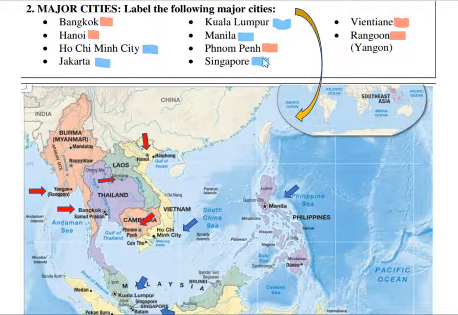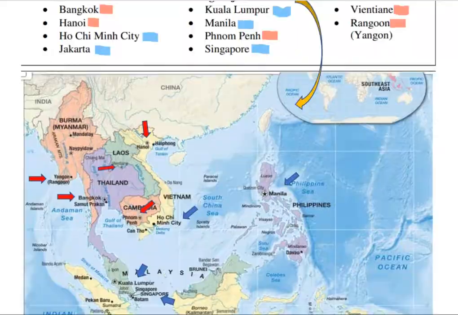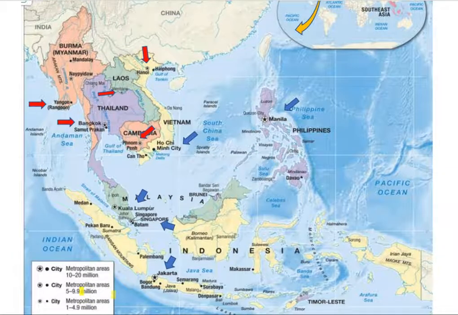The blue country cities are just major cities. Ho Chi Minh City, a huge city in Vietnam. Jakarta, a very large city, I believe, in Java. Scroll down the map just to make sure. Yeah, here we are.